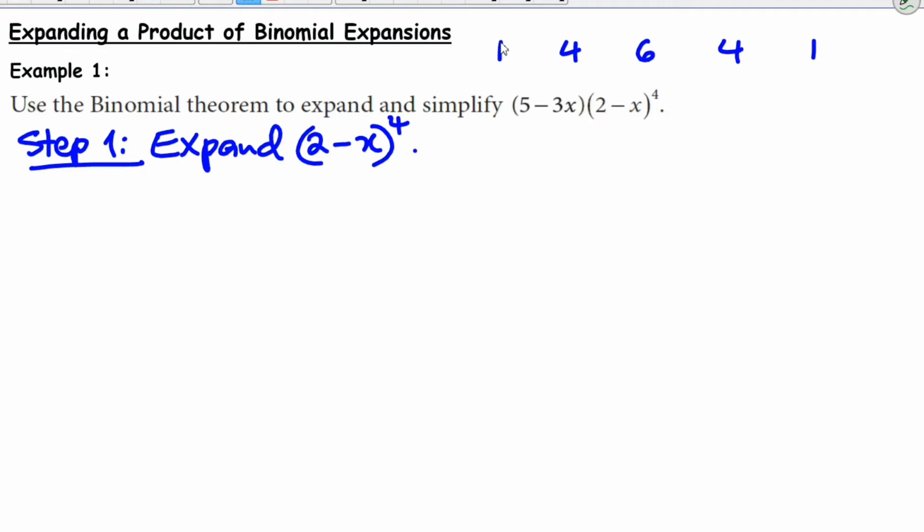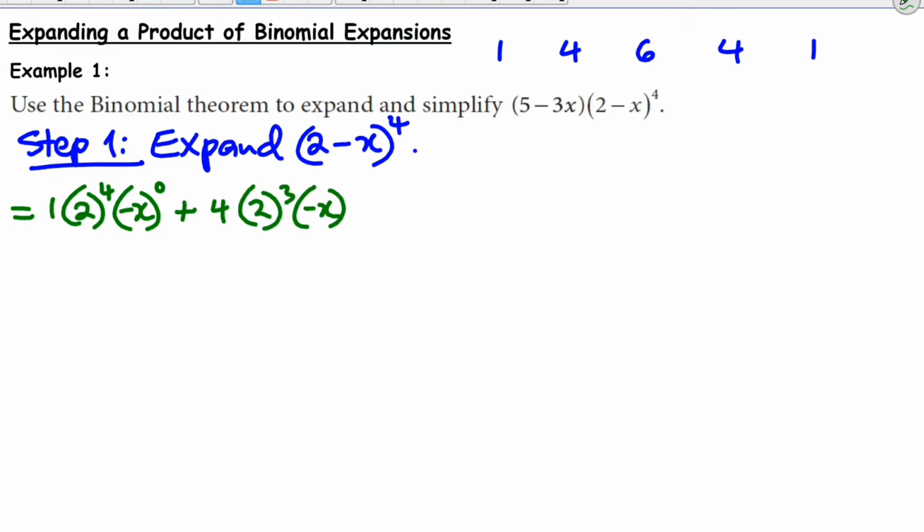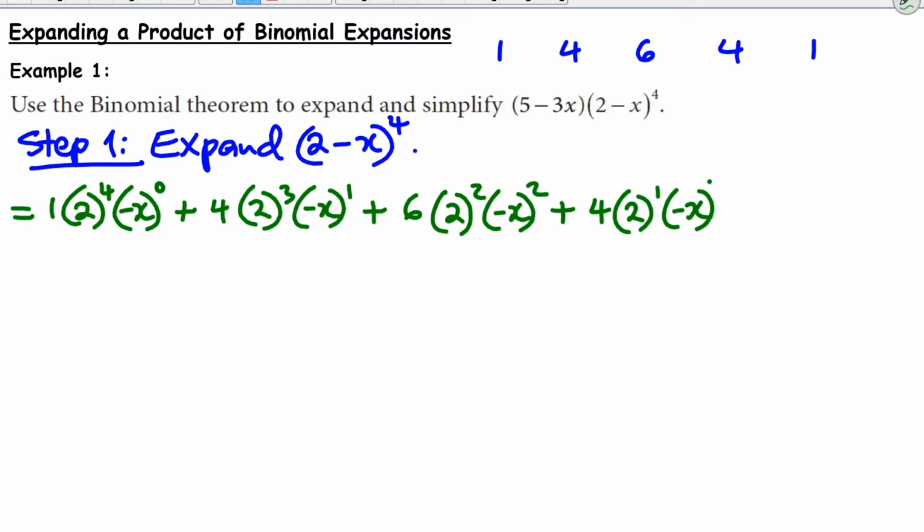We'll have 1, that's the first coefficient, times 2^4 times (-x)^0, plus 4 times 2^3 times (-x)^1, plus 6 times 2^2 times (-x)^2, plus 4 times 2^1 times (-x)^3, plus 1 times 2^0 times (-x)^4.